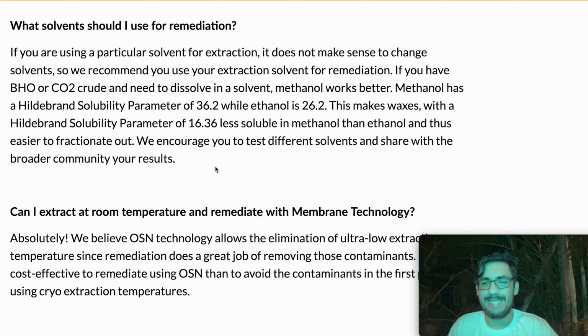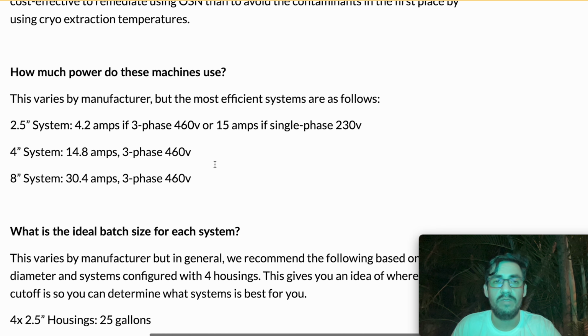The point being is that fats don't dissolve in methanol as easily as they dissolve in ethanol. So if you use methanol, it's just not great for dissolving fats, thus makes it easier to filter. And you don't need to go so cold as a consequence.